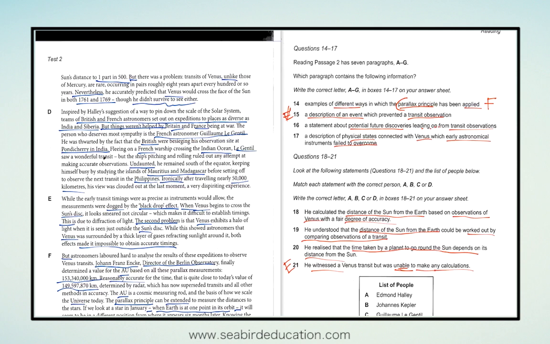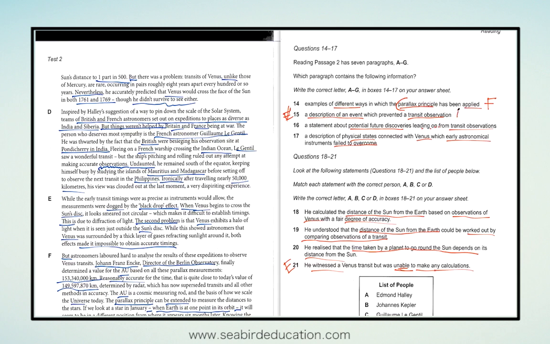He saw a wonderful transit, but it ruled out any attempt to make accurate observations. He saw it, but he couldn't make, I think that means scientific observations. So you can see it with your eyes, but you can't make scientific observations. So it's a little bit tricky, this one. Let's just double check it's not this one. Accurate timings. Okay, so that must be D.